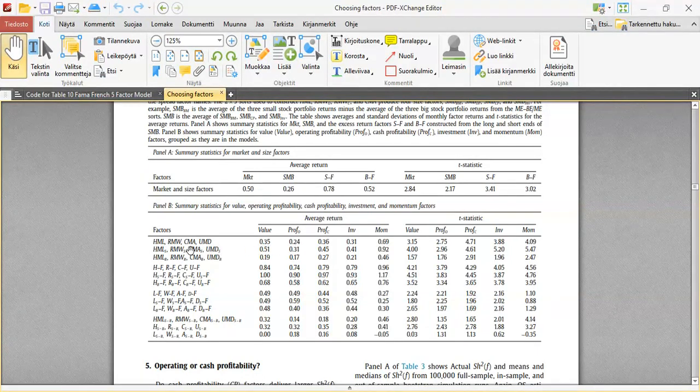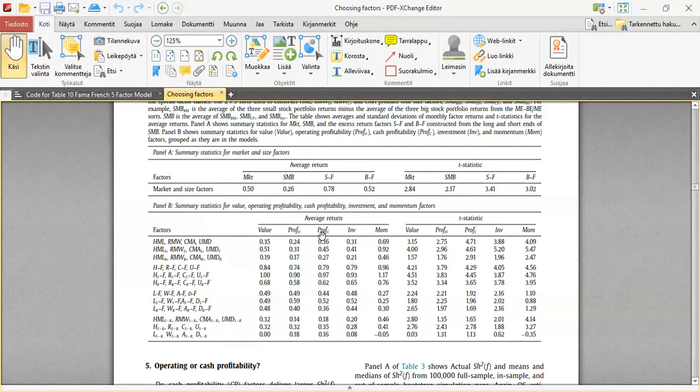The profitability factor, RMW, generates an average payoff of 0.24% per month, or 24 basis points per month, with a t statistic of 2.75, also indicating significance on any level.